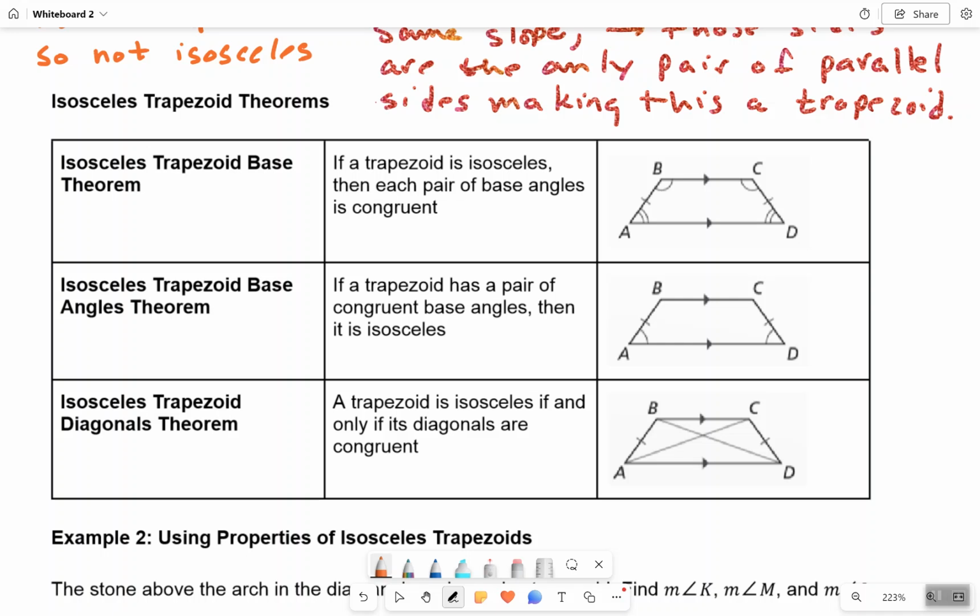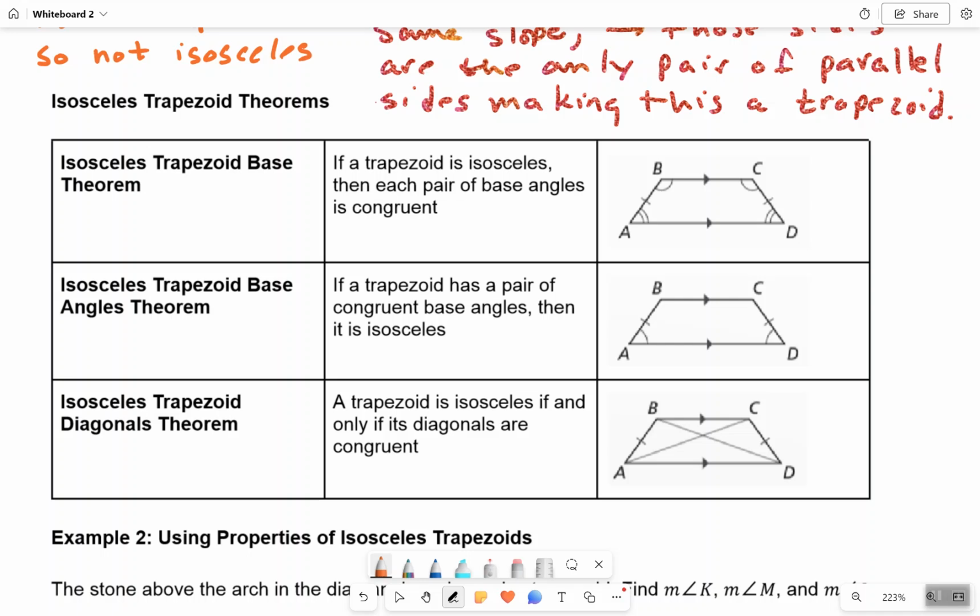Okay. Same thing, isosceles trapezoid base angles theorem. If a trapezoid has a pair of congruent base angles, they're saying if angles A and B are equal down here and BC is parallel to AD, what must be true about A and B? And then what would also be true about B and C, kids? They would be the same. Another isosceles trapezoid theorem involves its diagonals.